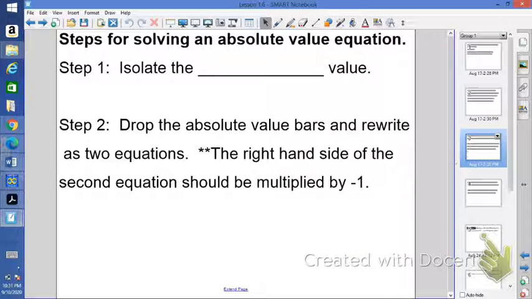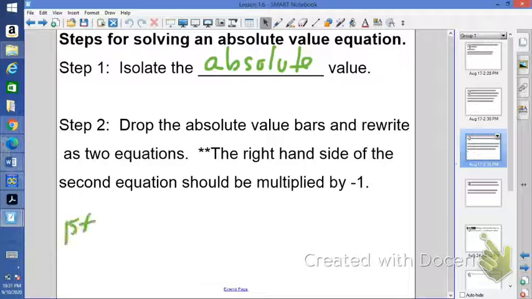So, steps for solving an absolute value equation. The first is to isolate the absolute value. The second step is to drop the absolute value bars and rewrite as two equations.